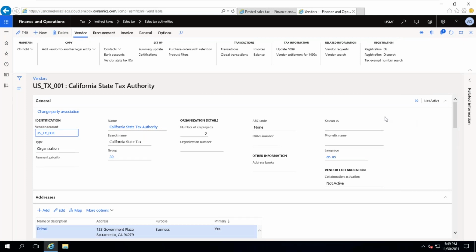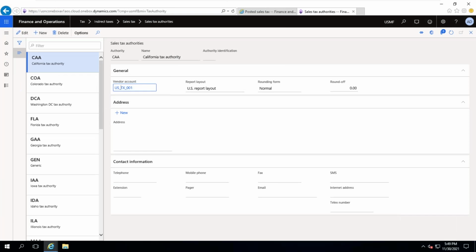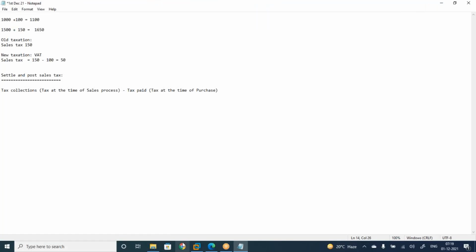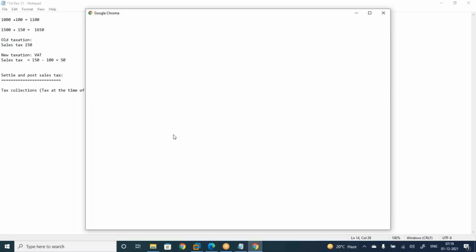Any doubt in this? In this process, this is standard taxation across the globe. Any standard taxation, but there are country specific localizations. China has separate taxation.